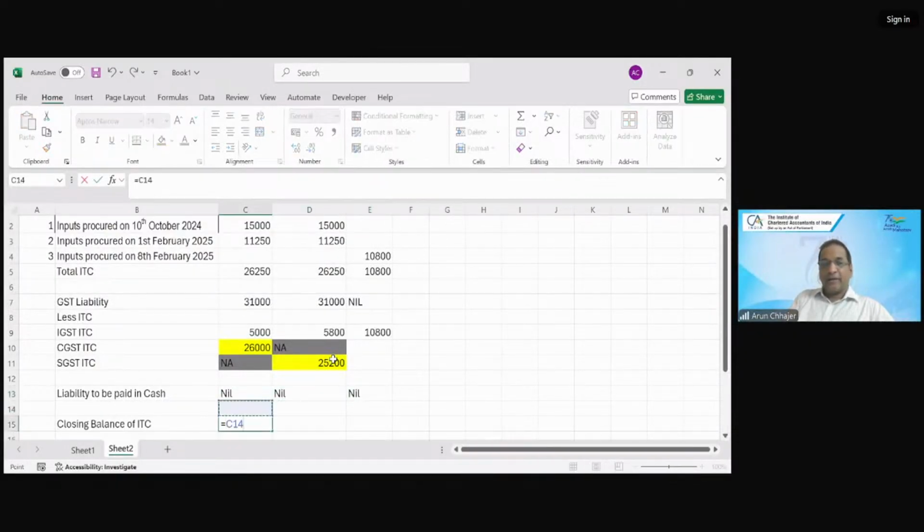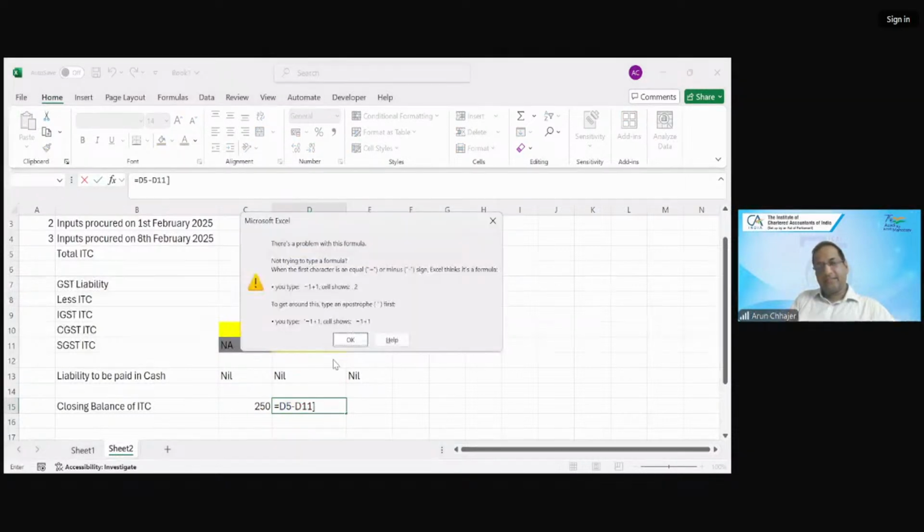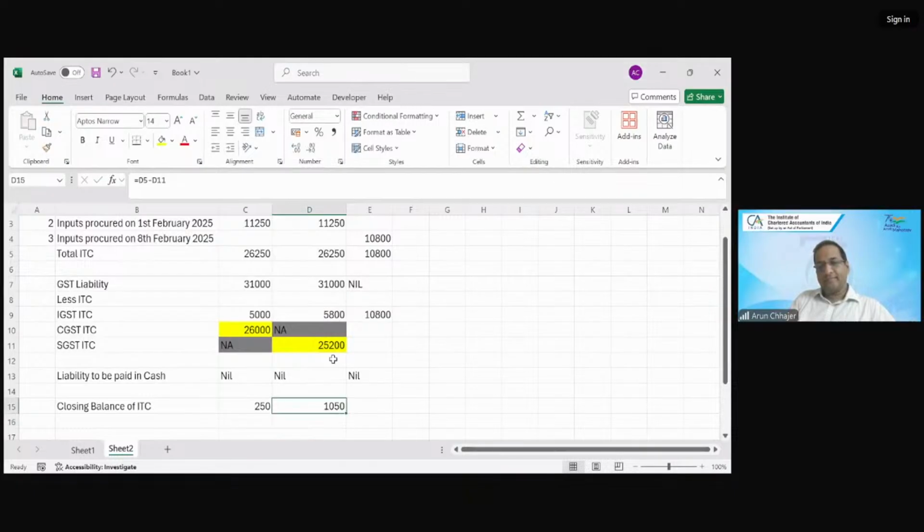And what is the closing balance of ITC? I'm calculating it, but it is not being asked in the question. I'm calculating only for my understanding. Earlier I had completely given the amount to the CGST, and then I was ending up paying 4,000 something under SGST.